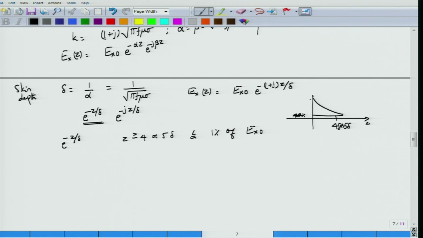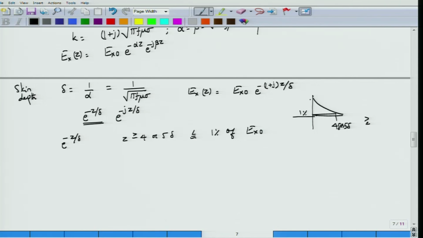That is why there is this rule of thumb which says that 5 delta units is sufficient for the wave to have decayed. So the wave would just decay and become very small compared to its value at the surface.